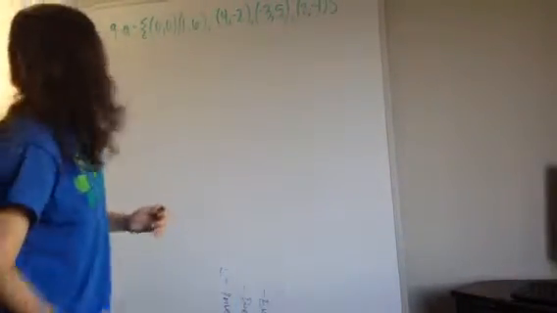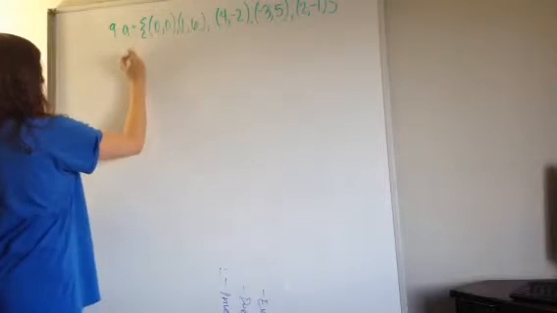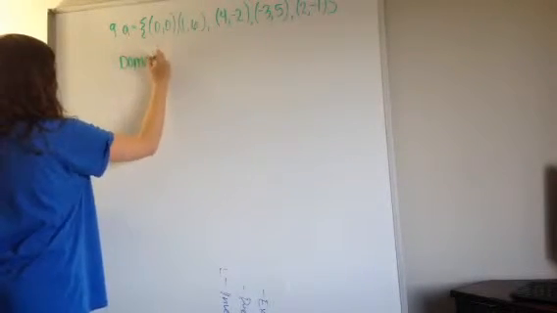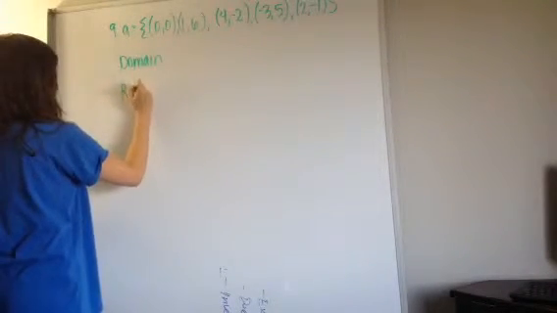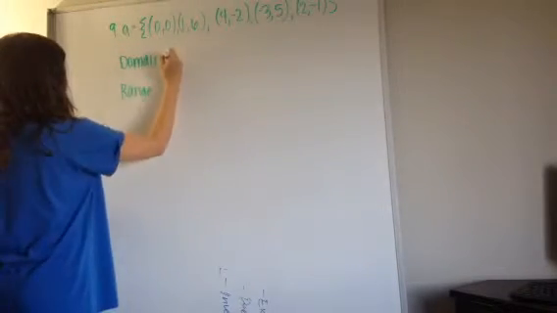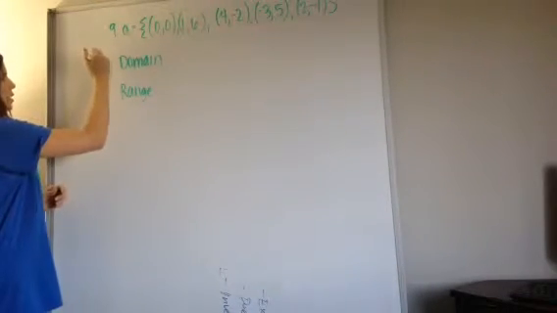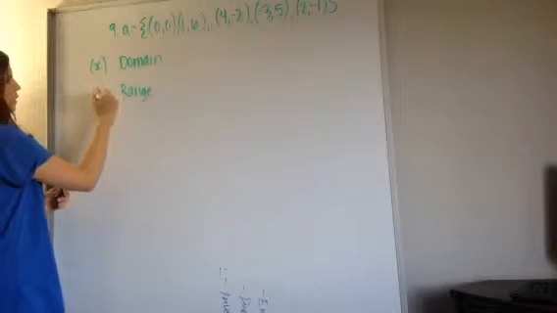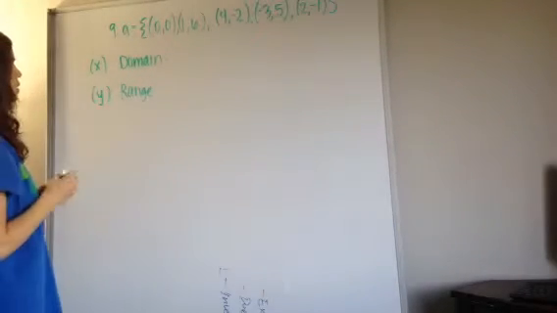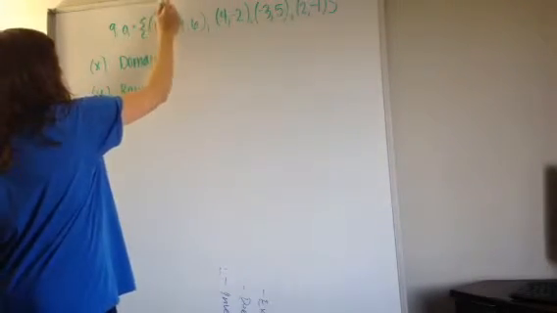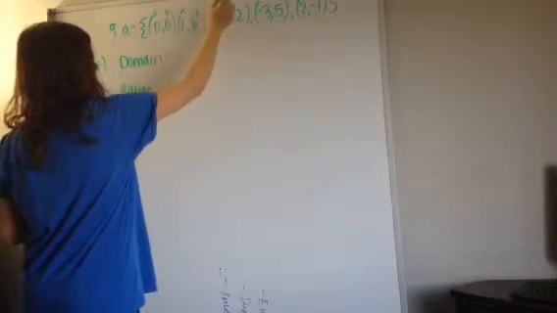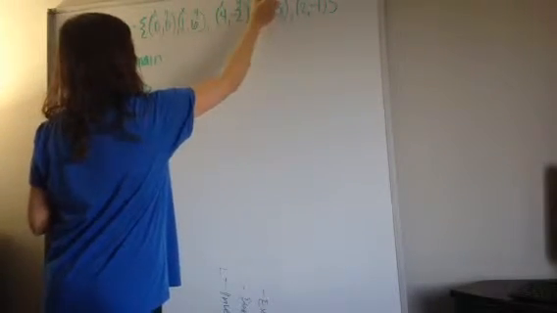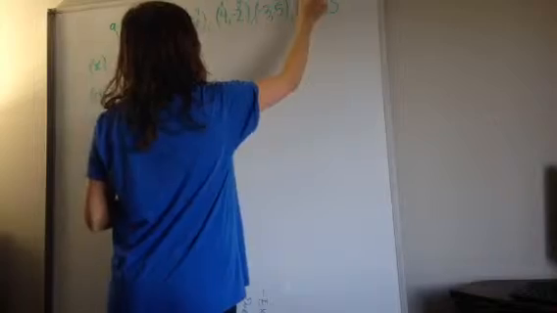They're asking you to write the domain and the range. The domain is always the x values, and the range is always the y values. So here I could write x, y, x, y, x, y, x, y, x, y.